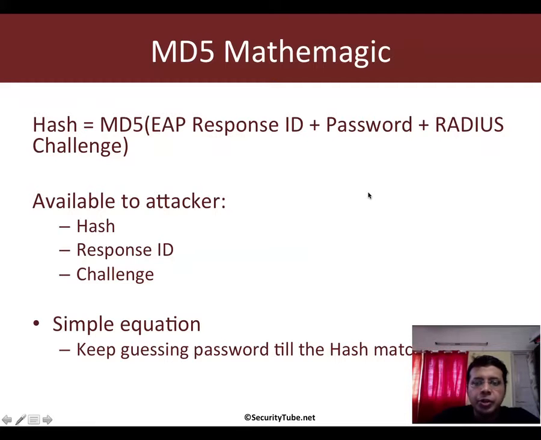What he's going to do is try various combinations of passwords, creating the MD5 hash for a given password along with the sniffed response ID and the Radius challenge. If he gets the hash which the client sent in response, then he knows that his guess for the password was correct. And this is exactly how the cracking process works.